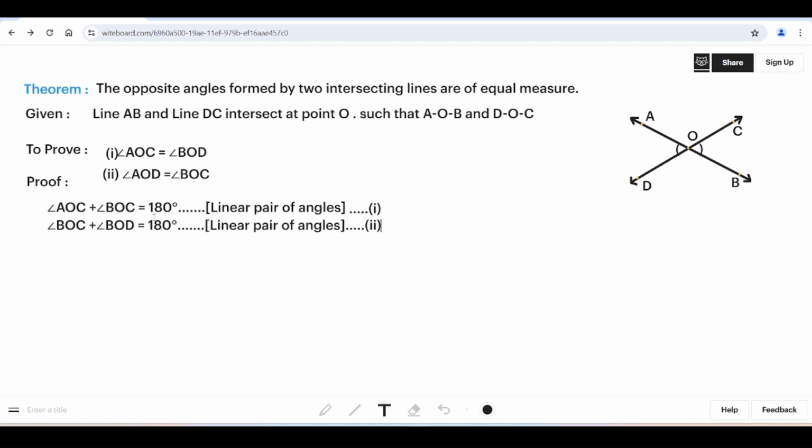Now as both the equations have the right hand side as 180 degrees, our left hand sides will be equal to each other. So we can write angle BOC plus angle BOD is equal to angle BOC plus angle AOC, that is from 1 and 2.